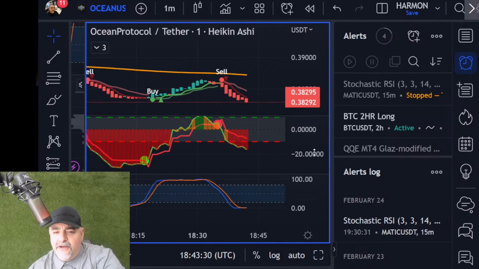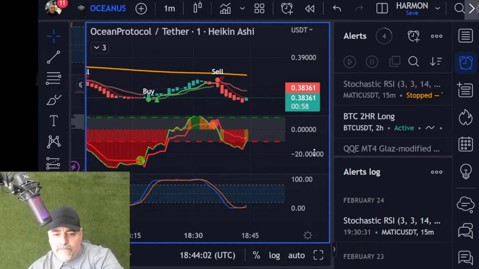Here's the RSI bouncing here. If we can get a green moon here, we can get a push back up. It looks like they're heading to touch here.